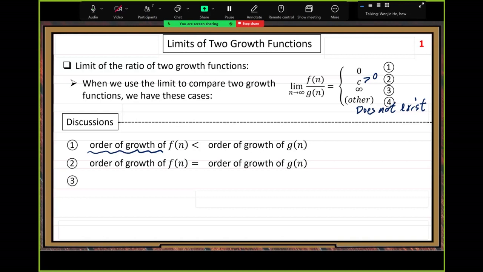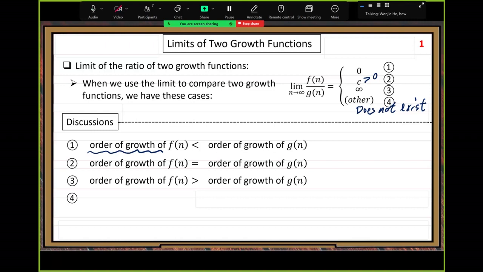Case 3, opposite to case 1, the order of growth of the f function is greater than the order of growth of the g function, because the f function increases much faster than the g function. So faster means the order of growth is larger, based on our intuition. So for the first 3 cases, we use order of growth. We can describe them using inequalities, and the second one is equality.